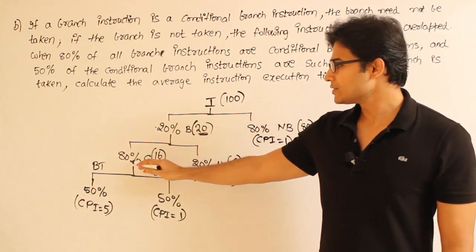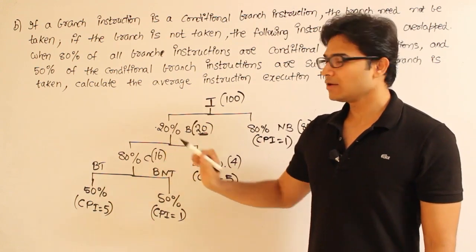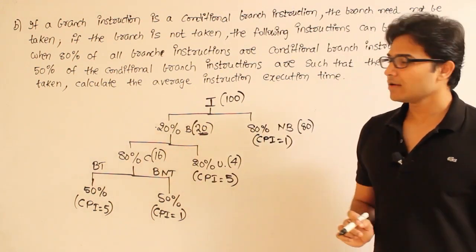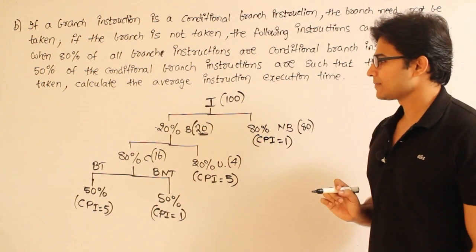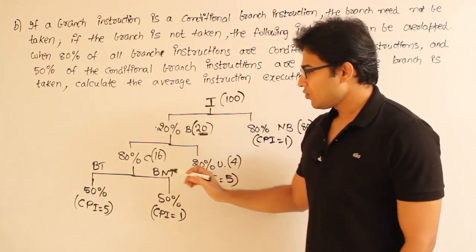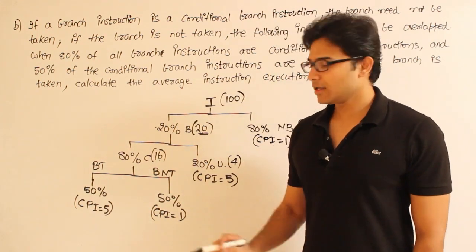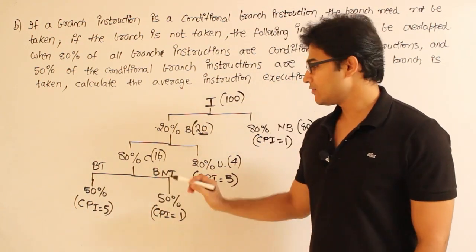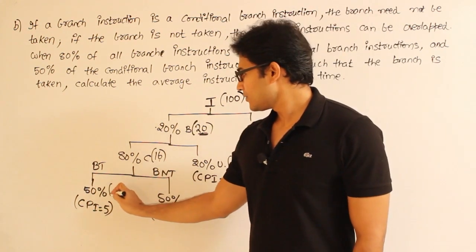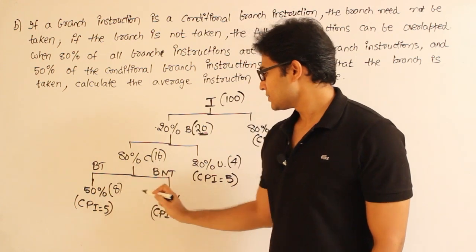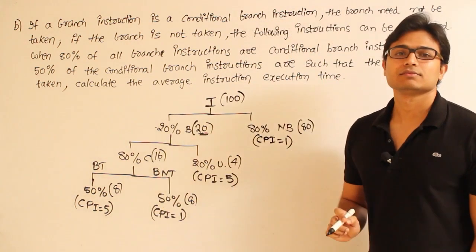Don't apply this 80% to the 100 instructions. Out of these 20, 16 are conditional and 4 are unconditional. And now out of these 16, 50% are branch taken and 50% are branch not taken, which means we are going to have 8 instructions here and 8 instructions here, right?